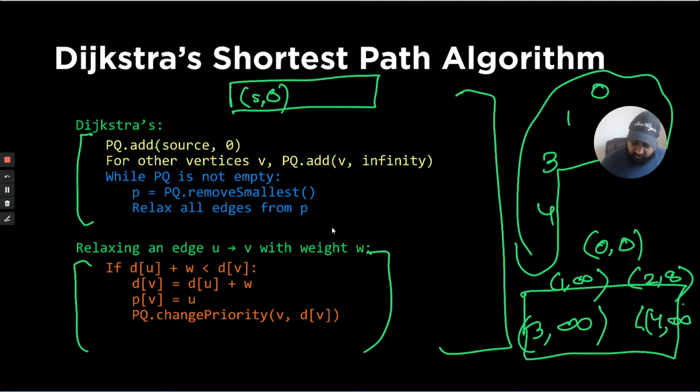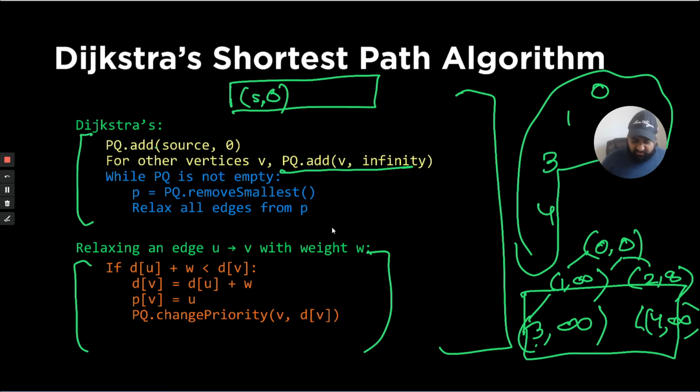Okay, probably our structure will look like this. So 0, 1, 2, 3, 4 are just labels, and the actual priority, or the core thing behind our priority queue, are these numbers, which are the dv values. So we add into the priority queue all the other vertices with the value infinity, as I just showed you.